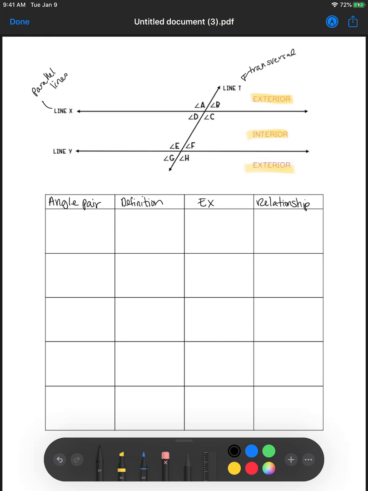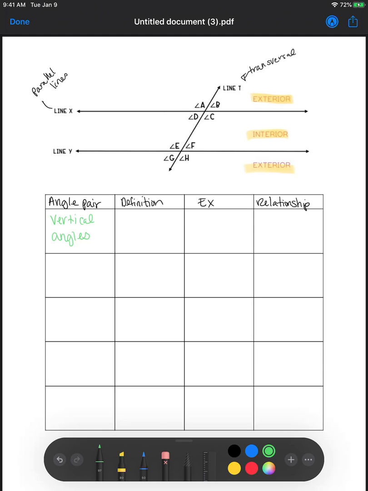Okay, so our first angle pair is going to be vertical angles. Actually, I'm going to write it in color. Okay, so that's vertical angles.